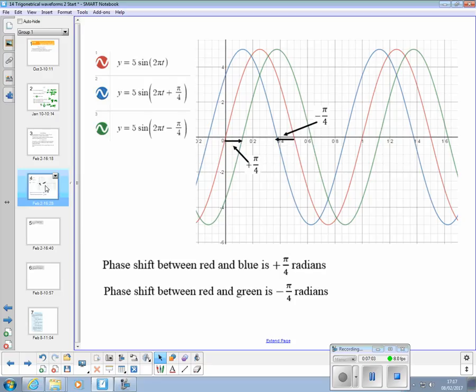The green one has a negative pi over 4 phase shift, so it peaks pi over 4 radians after the red one. All happy with that. So that's how you would express two waveforms that could be the same amplitude and the same frequency, but they're not in line with each other because there's a phase shift. Alright? Yeah?